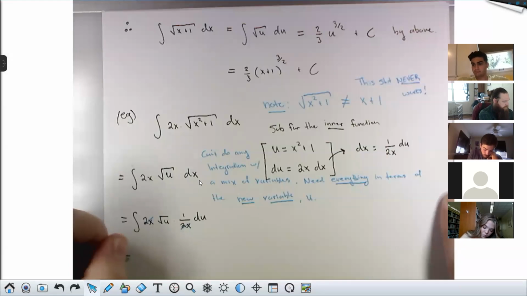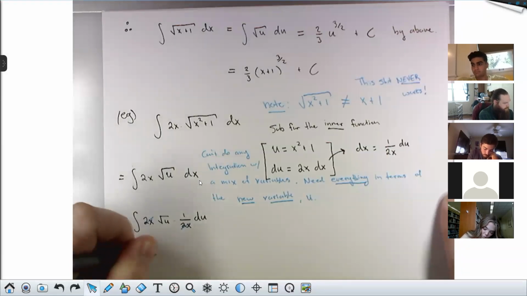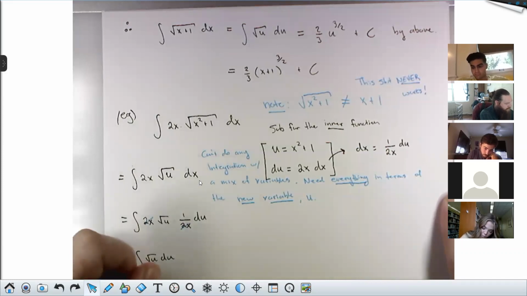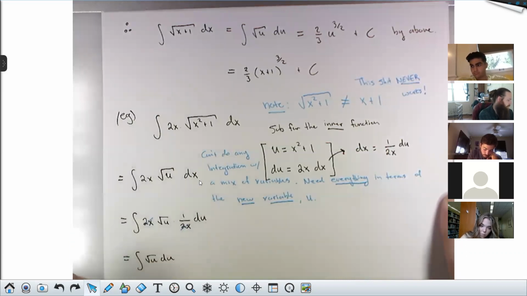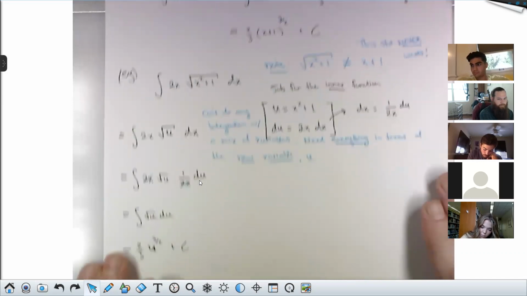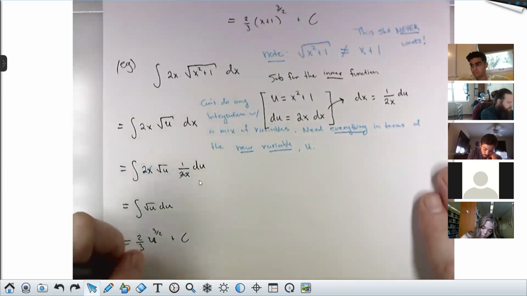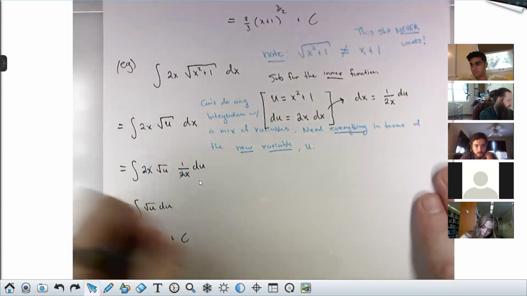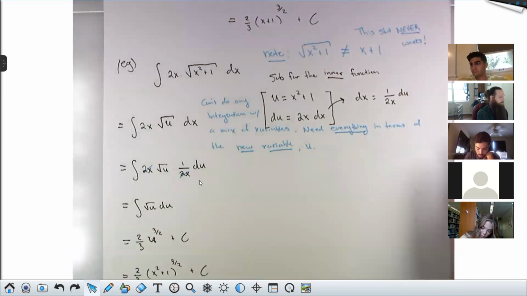So you get just integral square root of u du. And we've seen this integral thrice now today. You know that this is 2/3 u to the 3/2 plus c. And then finally, you plug back in for your substitution. So that's now 2/3 x squared plus 1 to the 3/2 plus c.